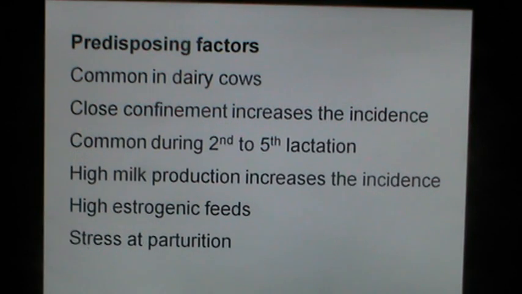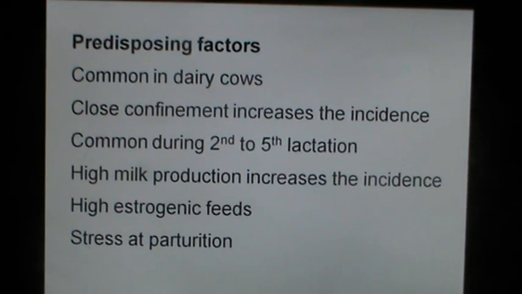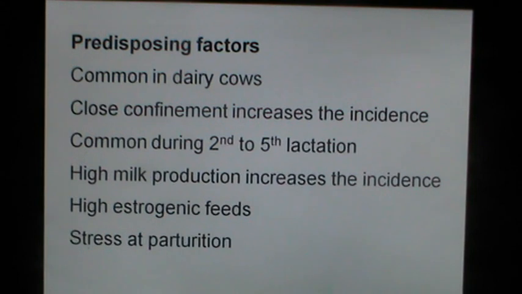The predisposing factors for ovarian cysts are common in dairy cows. Close confinement increases the incidence. Ovarian cysts are common during the 2nd to 5th lactation, and high milk production increases the incidence.